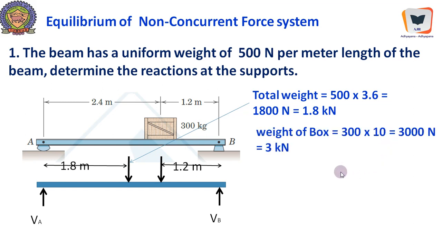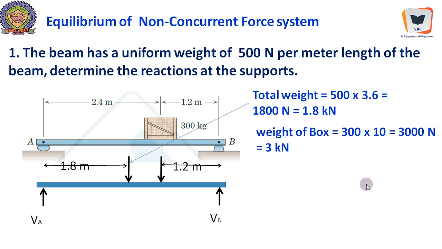On the other hand, weight of the box is given to be 300 kg. Of course, 1 kg equal to 10 newtons, and precisely speaking, 1 kg should be equal to 9.8 newton. Anyway, we will just take the approximate value to the nearest integer, so it becomes 10. So 300 into 10 is 3000 newton, and it becomes 3 kilonewton.